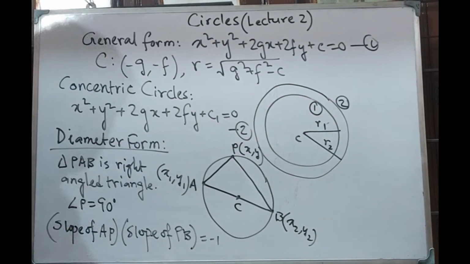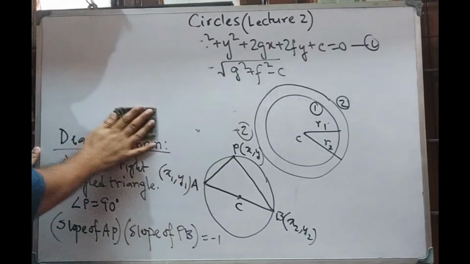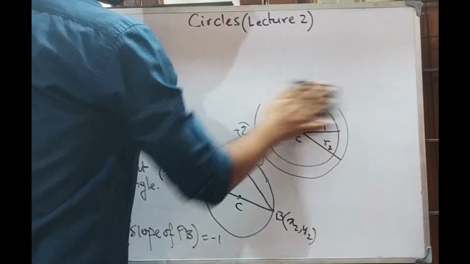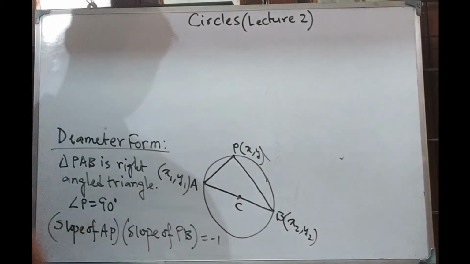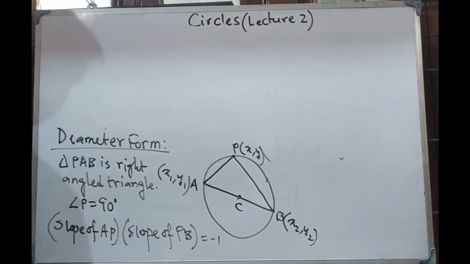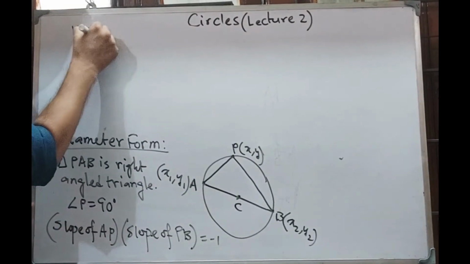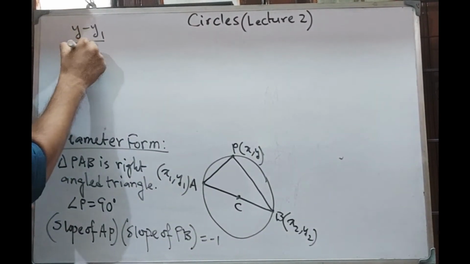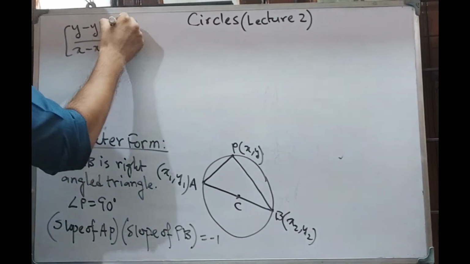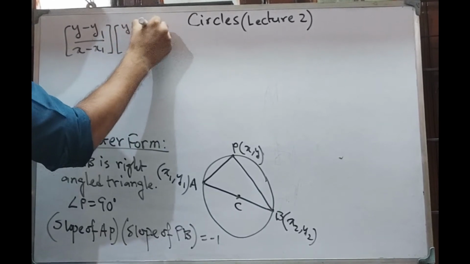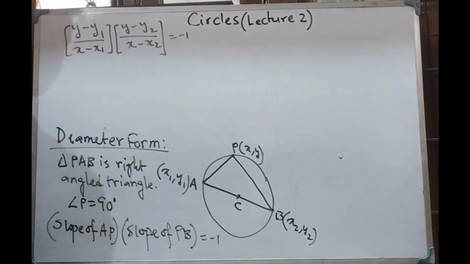So if we simplify it by putting the values of the slopes, let us see what we are getting. Clearly, the slope of the line AP can be written as y minus y1 by x minus x1, and in the same way, the slope of PB can be written as y minus y2 by x minus x2, and the product is minus 1.